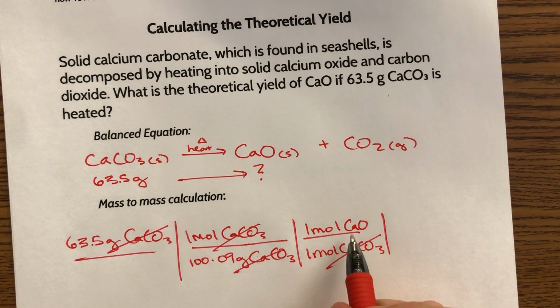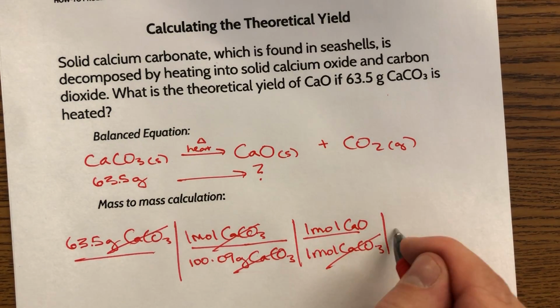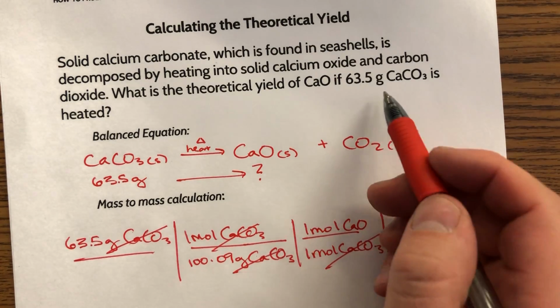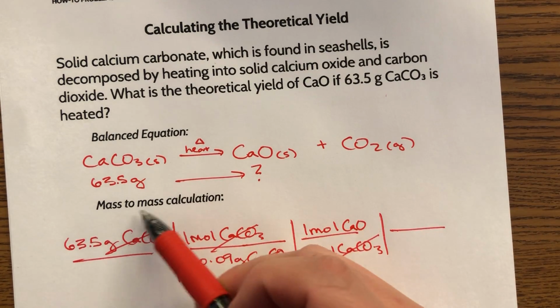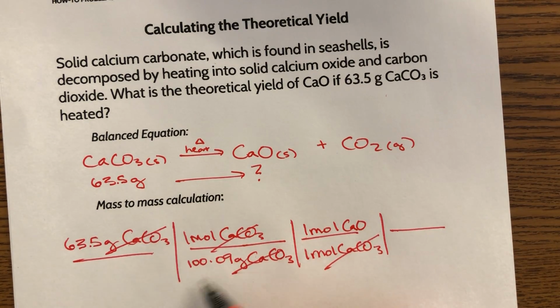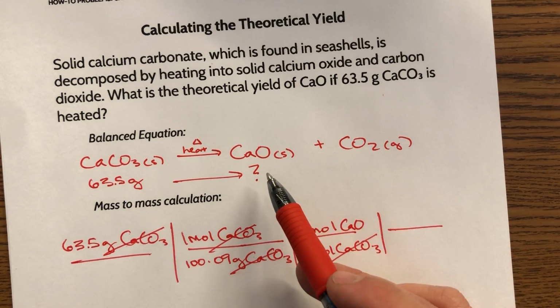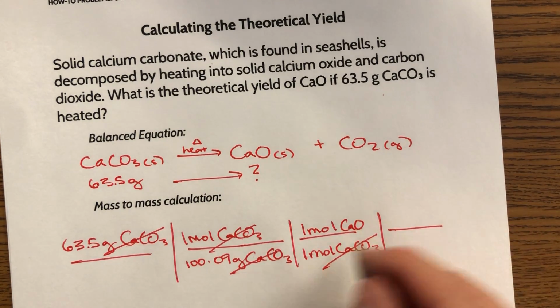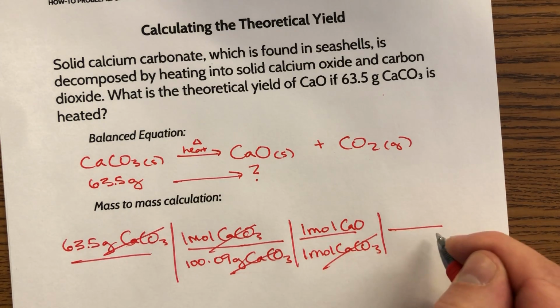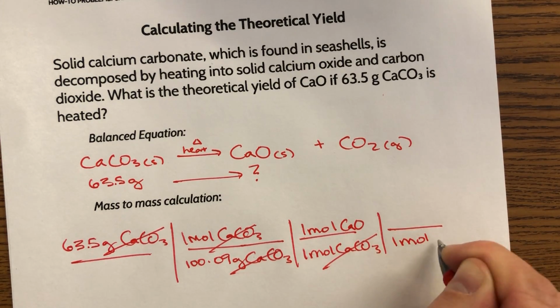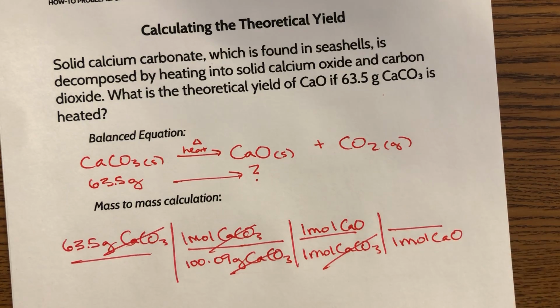Now we have 1 mole of calcium oxide, but we want to convert it to grams, because our answer was originally given in grams, so we're doing a mass to mass. We're going to find the mass of this product here. To do that, we need to calculate the molar mass. So 1 mole of calcium oxide.